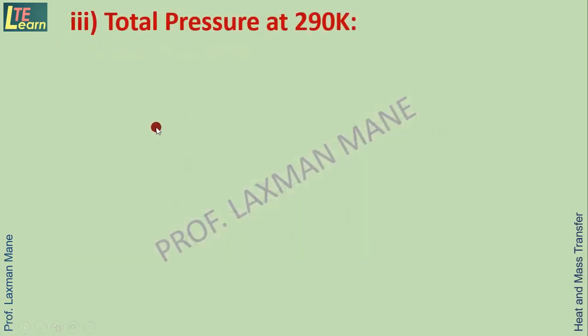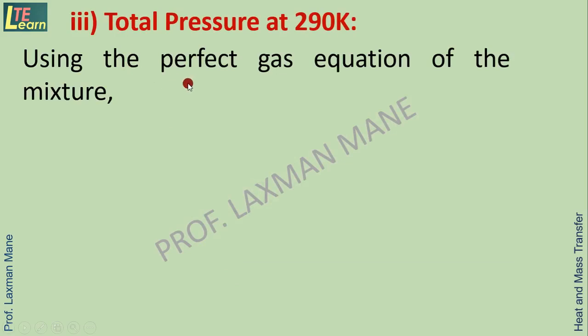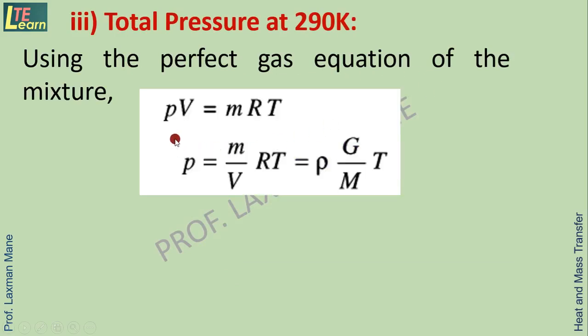The third and final value that we have to find is the total pressure at the given temperature. For that, use the perfect gas equation of the mixture, that is PV is equal to mRT. This V we can write on the right side of the equal sign. So m by V, that is mass upon volume, means density.